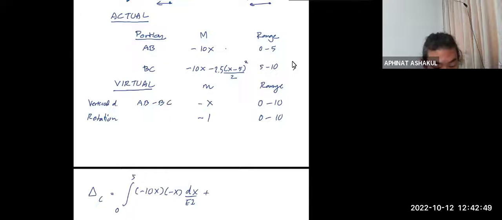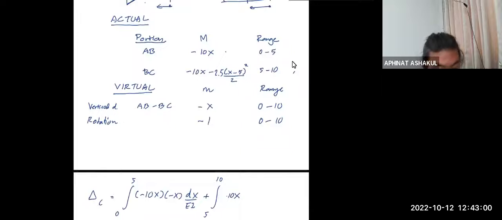Plus the integral from 5 to 10 of minus 10x, change that bracket, minus 10x minus 2.5 times (x minus 5) squared over 2, multiplied by minus x.